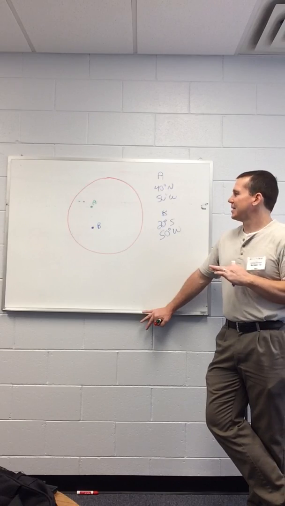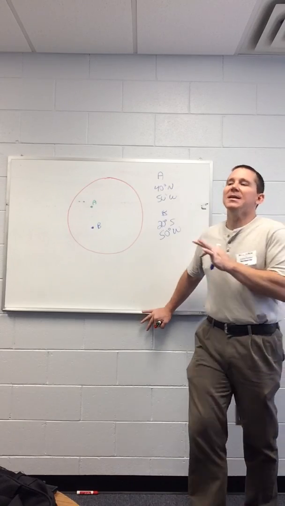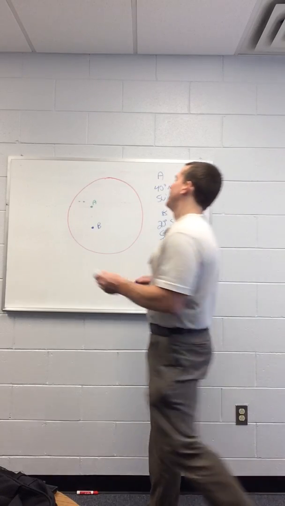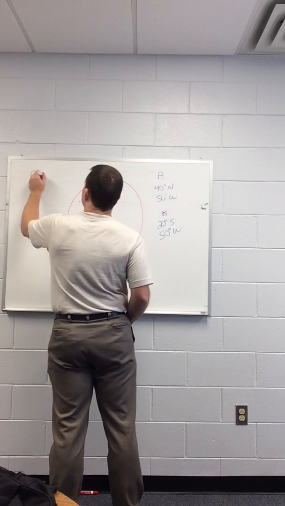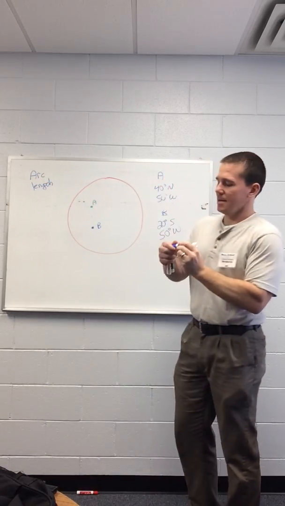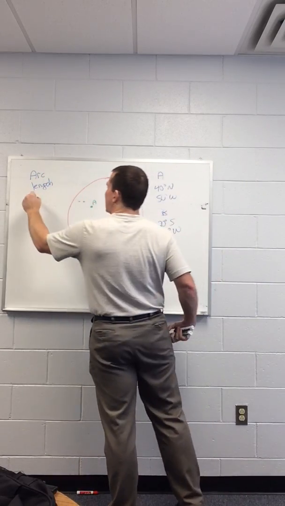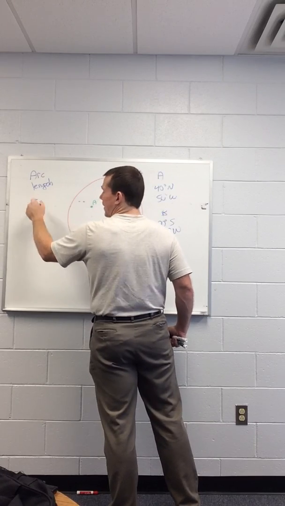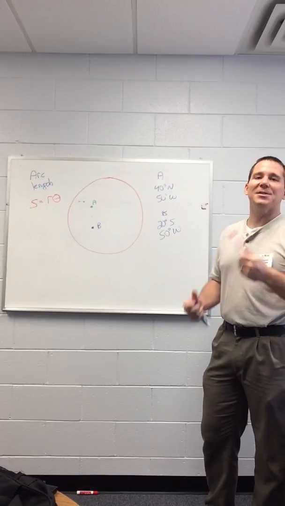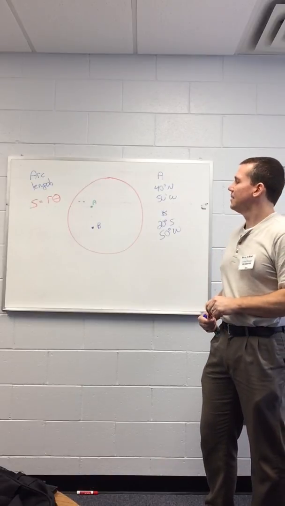Earth is not flat, it's curved, which means we need a different formula. There's a formula for what's called arc length. The arc length formula is S, which stands for arc length, is R times theta, where theta is your angle in radians.